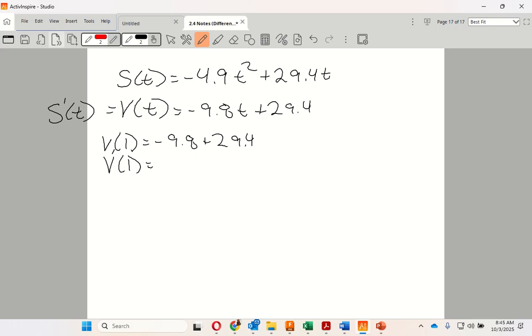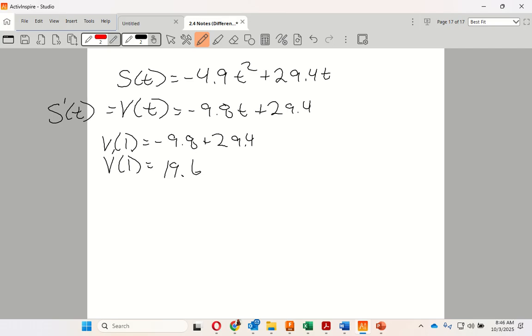Yeah, but then look, because you have this up over this, so it would go down. You know you guys have calculators, right? 29 minus 9 is 20, and then minus 0.8, that would be 19.6. Yeah, 19.6.